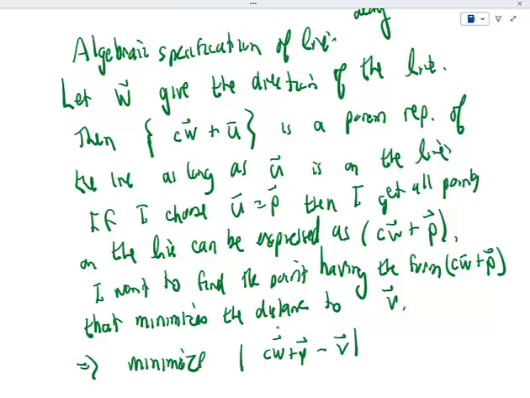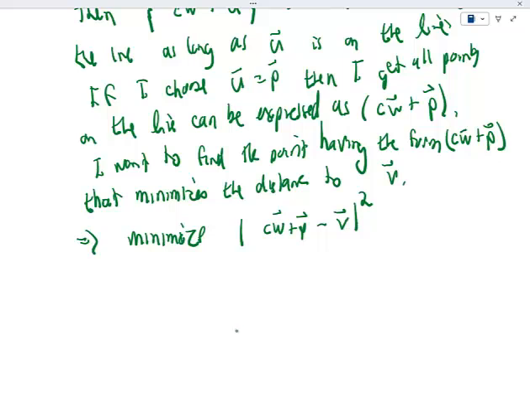Now I'm going to pull a little fast one on you. It's hard to calculate distance because you have to take a square root. I'm going to minimize the square distance. That's the same thing. So I want to minimize this quantity. Now we're going to use a general fact about the norm or length of a vector.